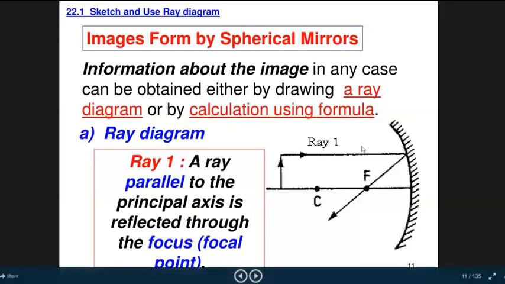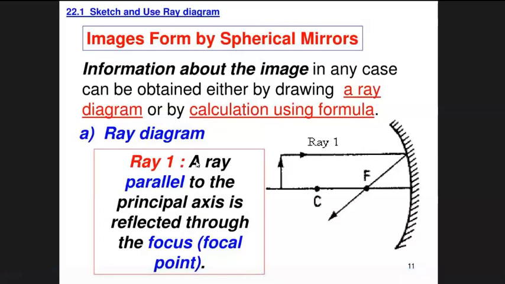First one is that any incident ray which is parallel to the principal axis of the spherical mirror is reflected through the focus after reflection. Any incident ray parallel to the principal axis will pass through the focal point, or focus, after reflection.